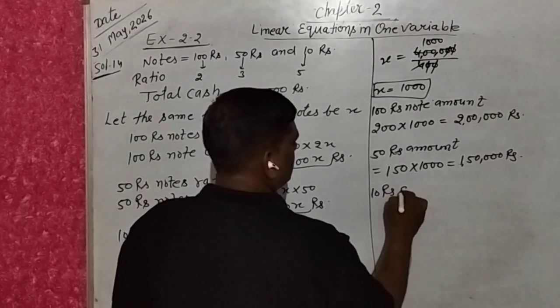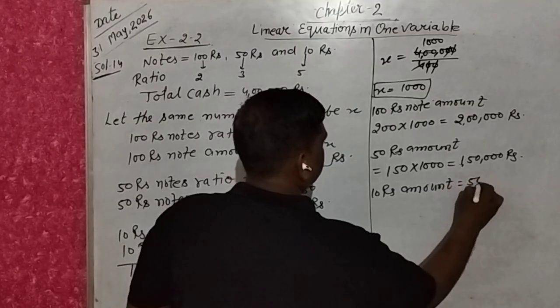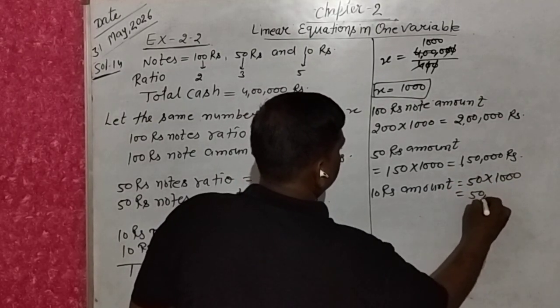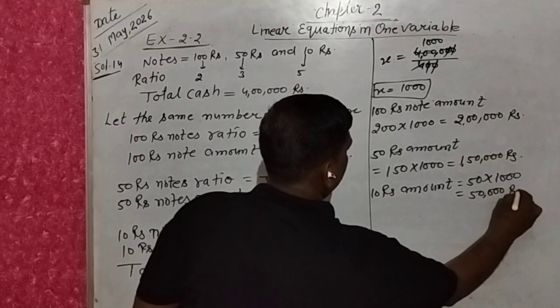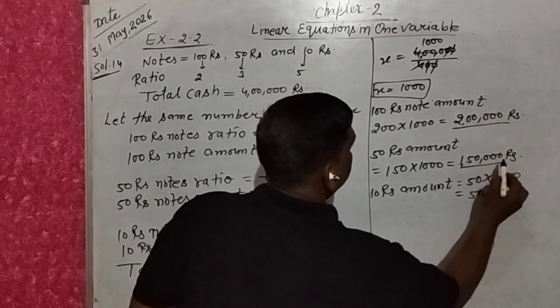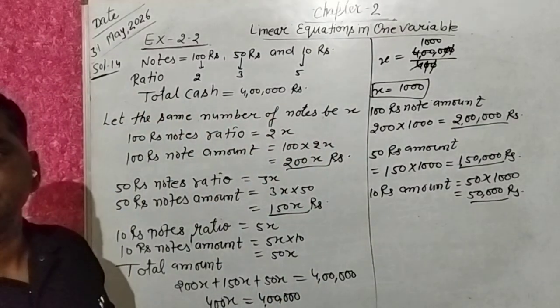The 10 rupees amount is 50 into 1,000, 50,000 rupees. If you add 1,50,000 and 50,000 to 2 lakhs, you get 4 lakhs.